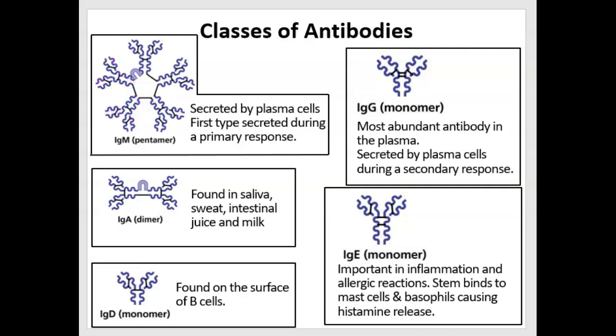That's IgM, and it's secreted exclusively by plasma cells. You won't find those on the surface of B lymphocytes. What's most important clinically is that this is the first type of antibody that's secreted when you're first exposed to a novel antigen, something that your body hasn't seen before.